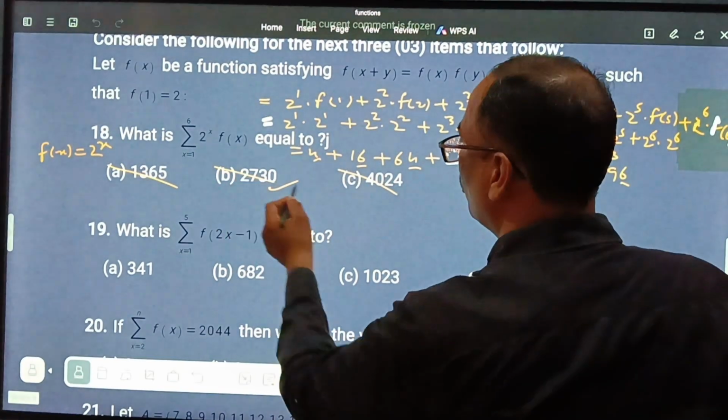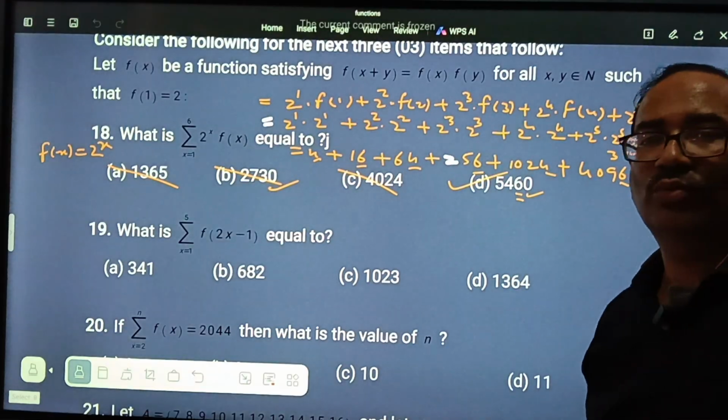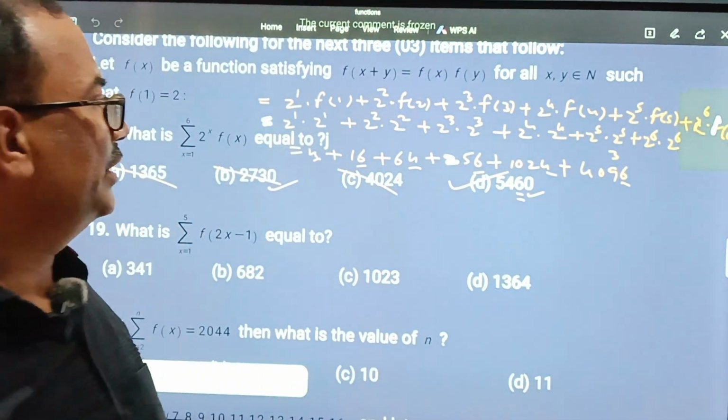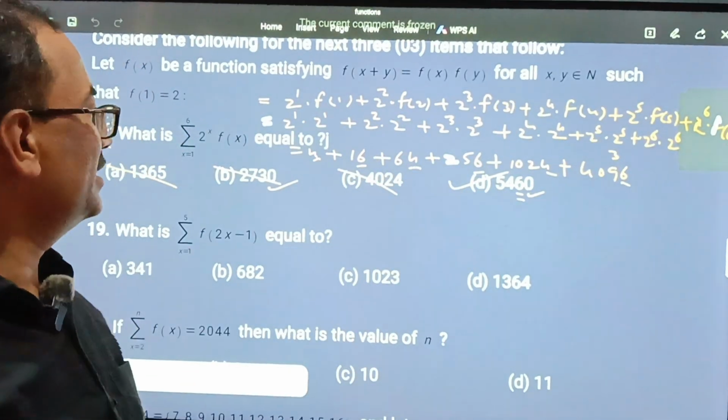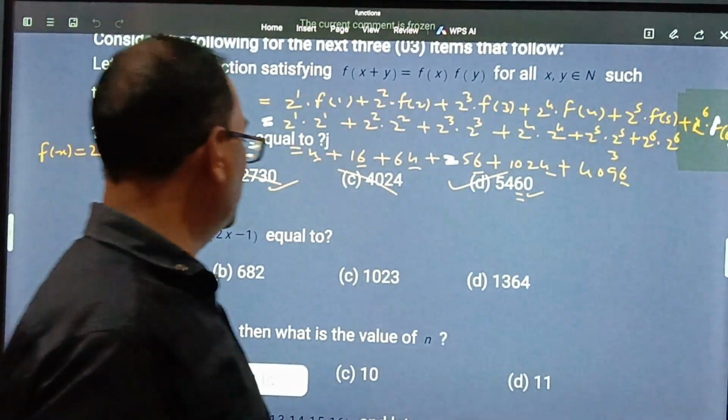So this is also wrong, hence the correct answer is D. Got it, bache? Here options are given, so there is no need to add all the numbers. Definitely the last two digits are 60, and 60 is only in option D, hence the correct option is D.